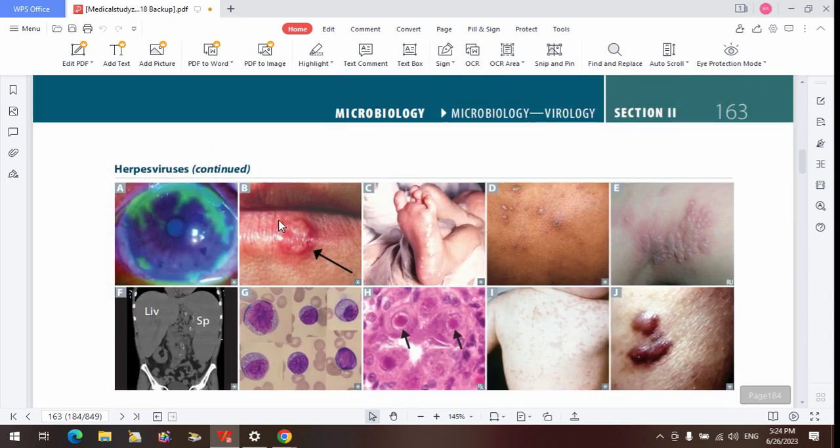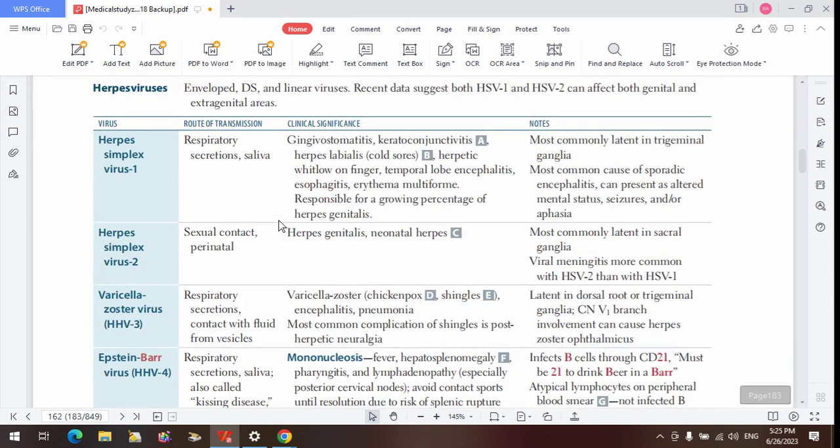Herpetic whitlow occurs when there is manipulation of the mouth. If you are performing oral procedures, you can inoculate the organism from oral manipulation into the hands, and the person can develop herpetic whitlow.